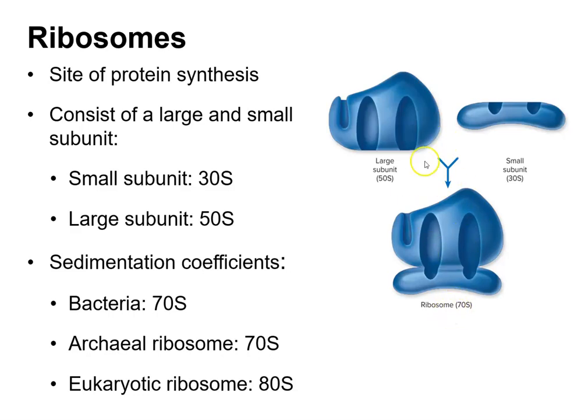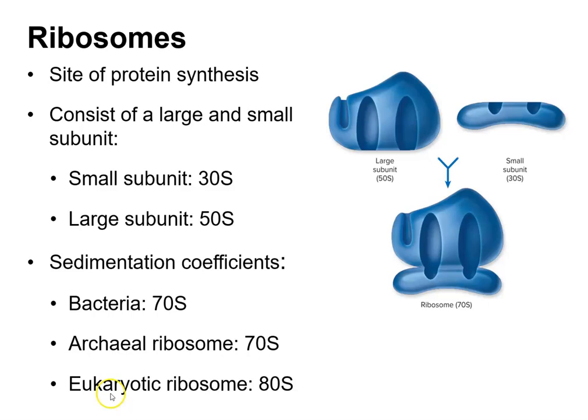What happens is when the large and the smaller subunit come together, they change a little bit how the molecules interact with each other, which changes the shape of those two subunits, and it gives us a different sedimentation rate. So the total ribosomal sedimentation rate is 70S for bacteria.